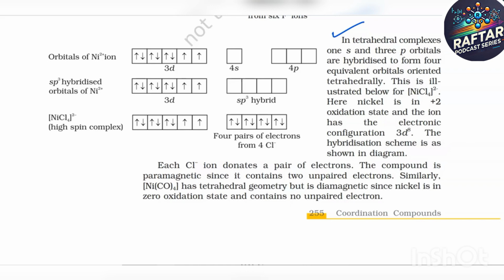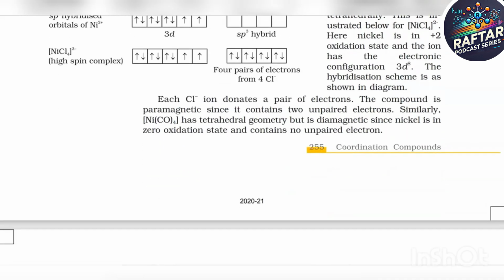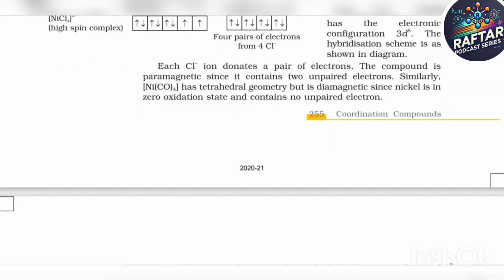In [NiCl4]2-, nickel is in +2 oxidation state, and the ion has the electronic configuration 3d8. The hybridization scheme is as shown in the diagram. Each Cl- ion donates a pair of electrons. The compound is paramagnetic since it contains 2 unpaired electrons. Similarly, Ni(CO)4 has tetrahedral geometry, but it is diamagnetic since nickel is in zero oxidation state and contains no unpaired electron.